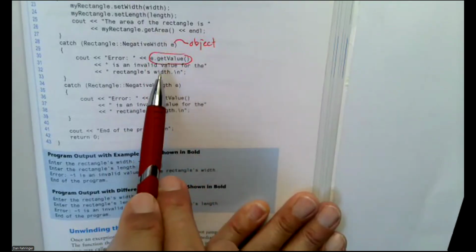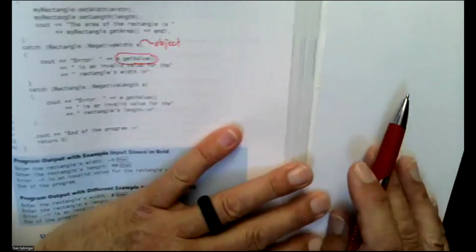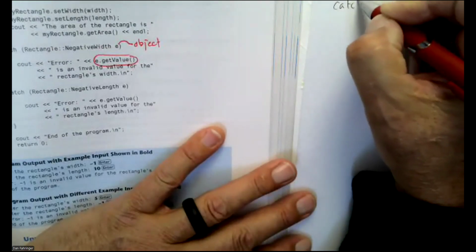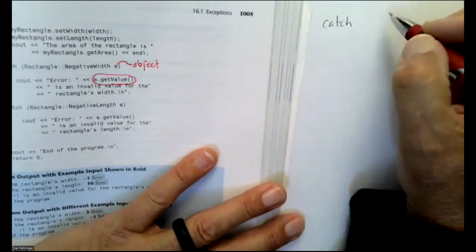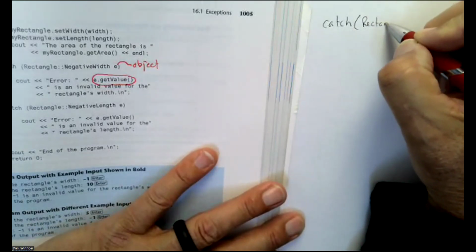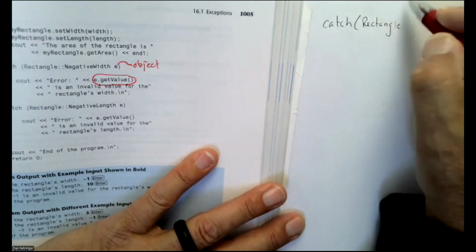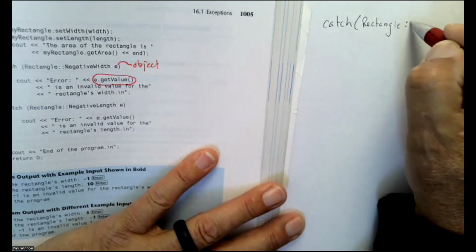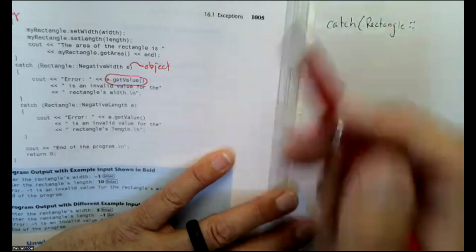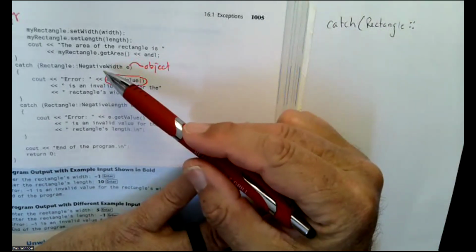I need a catch block that says catch, staying with rectangle, colon, and I would need a name for the inner class.